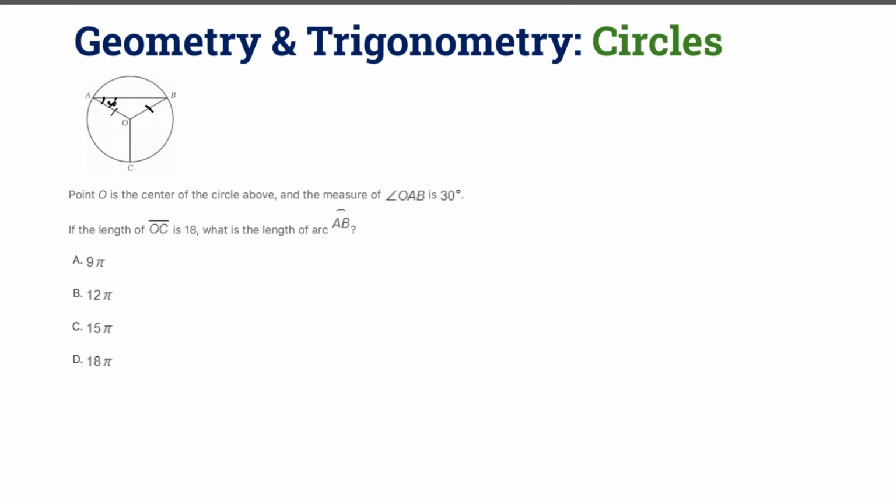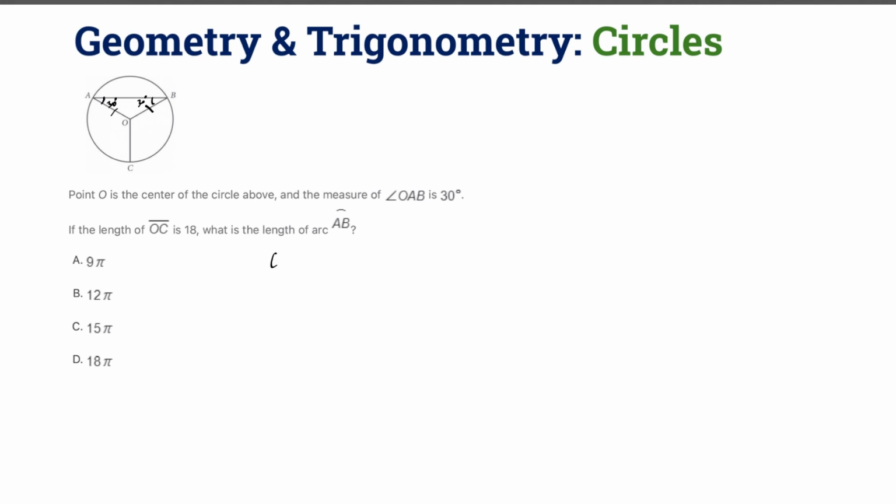So the triangle OAB will have 2 angles which are going to be the same, and the angles opposite to the same sides will be equal. Okay, so this angle OBA is going to be 30 degrees as well.